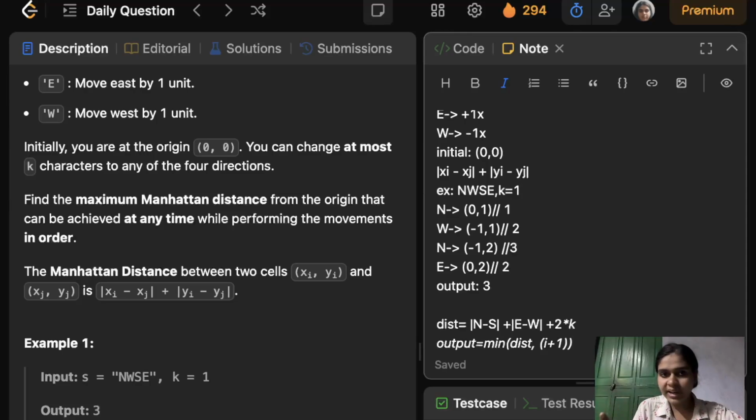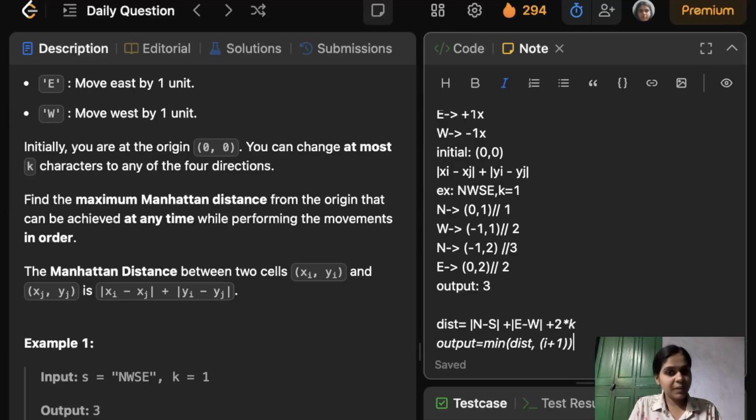Plus 1 in the y direction. So at index 0 we are getting plus 1, at index 1 similarly we will be getting plus 2 if we again put n, and at index 2 we will be getting plus 3 if we again put n, and so on.